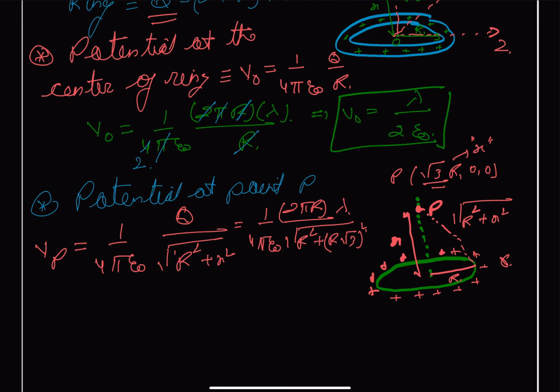So once again, this pi goes by 2, so we can say our Vp will be equal to r lambda divided by 2 epsilon naught, and we can solve the denominator, that will be equal to r square plus 3r square, which comes as 4r square, and the square root of 4r square will be equal to 2r.